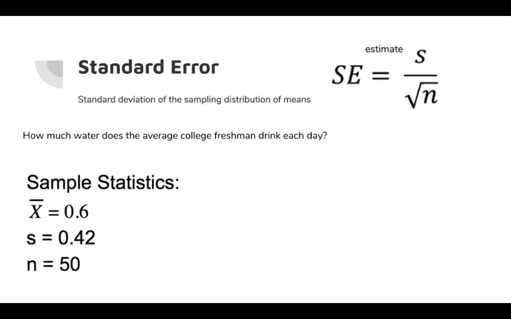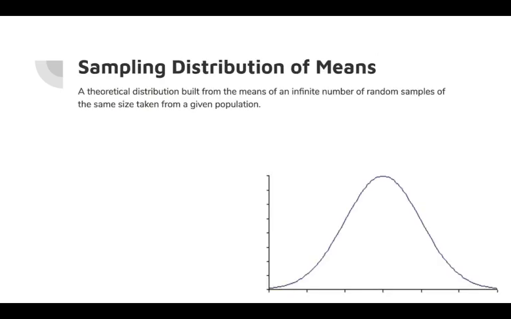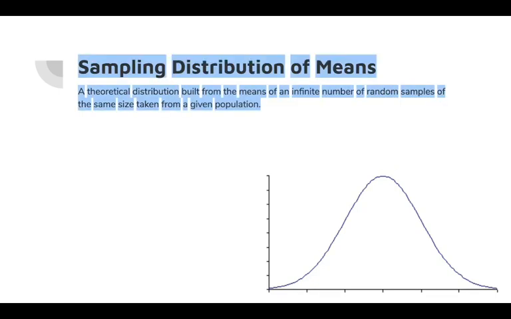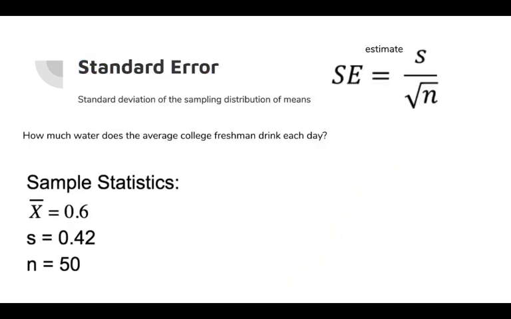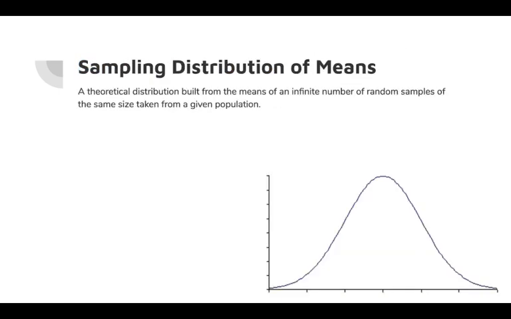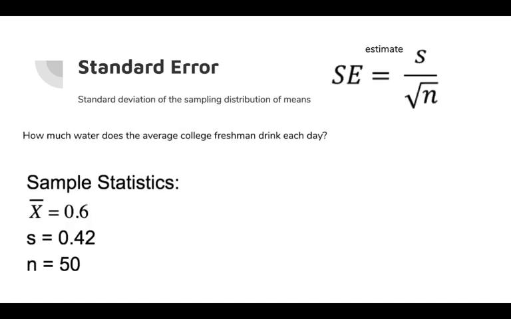That's the role that the standard error plays. So when you see standard error, think of it as the standard deviation of the sampling distribution of means. Back up to this slide here, this thing that we were looking at: we need to know its shape, and to define its shape, we use the standard error.